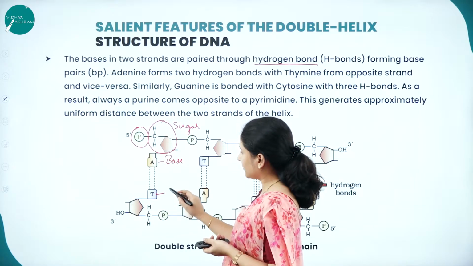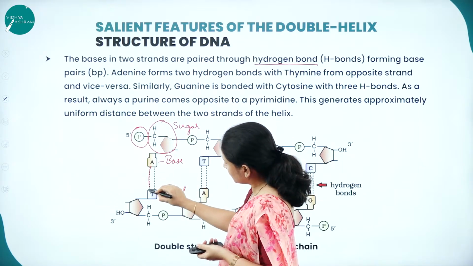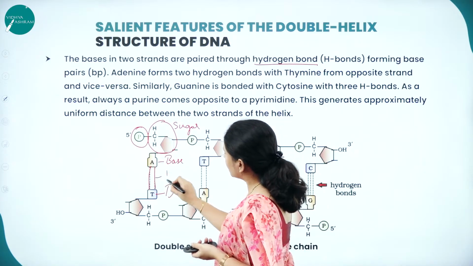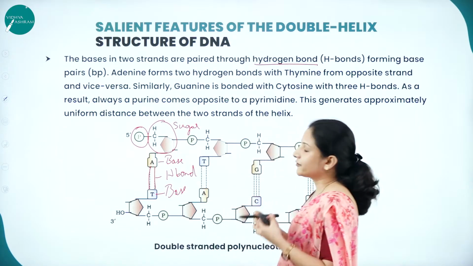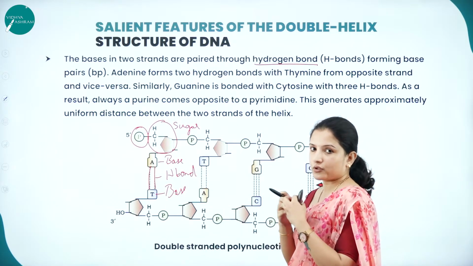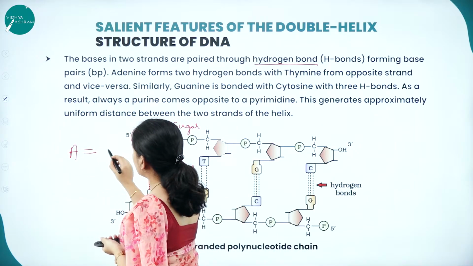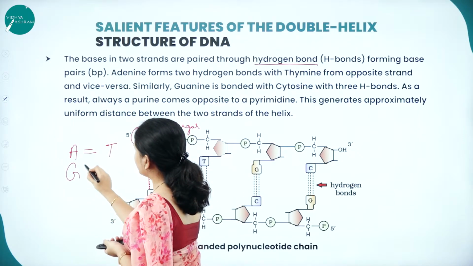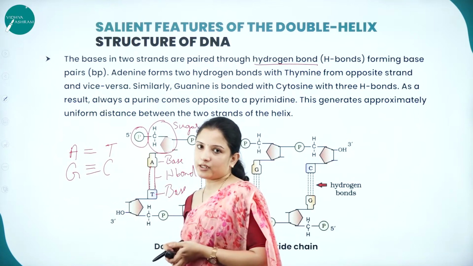It is thymine, right? This is also a base. Now, how are they held together? They are held together by hydrogen bonds. Adenine is held by a double hydrogen bond to thymine. Guanine is held by a triple hydrogen bond to cytosine. So that is how they are held.